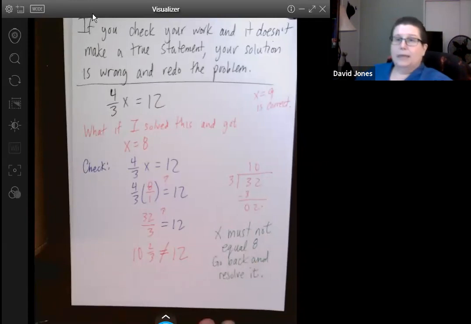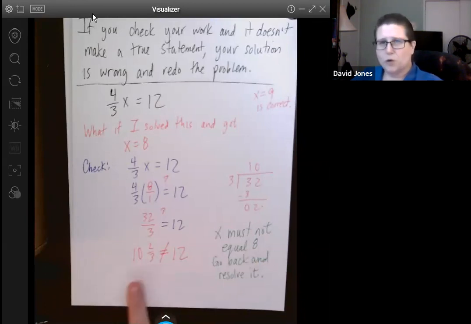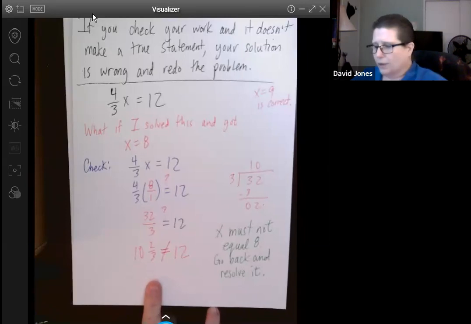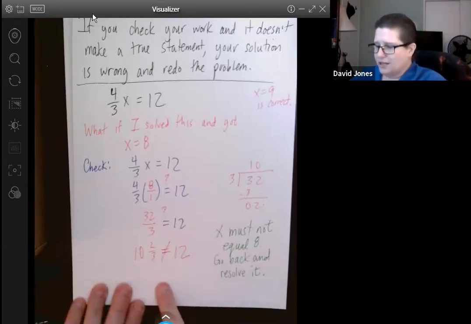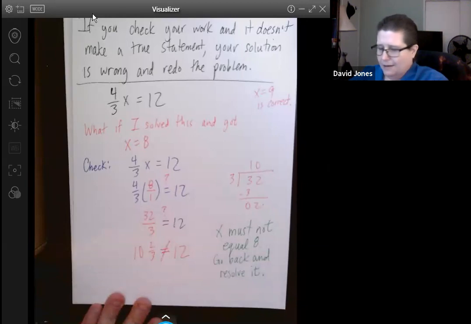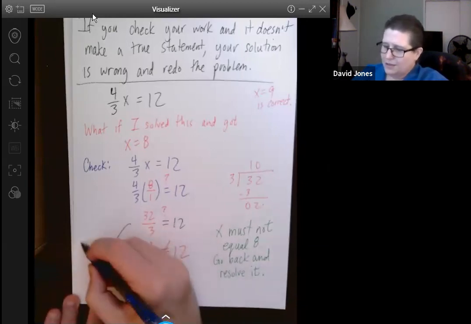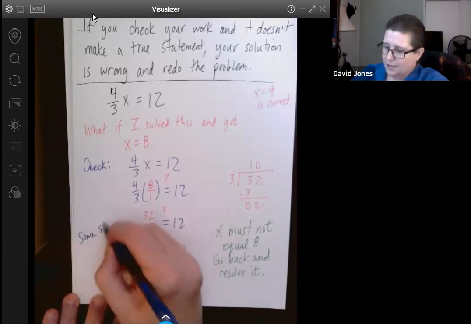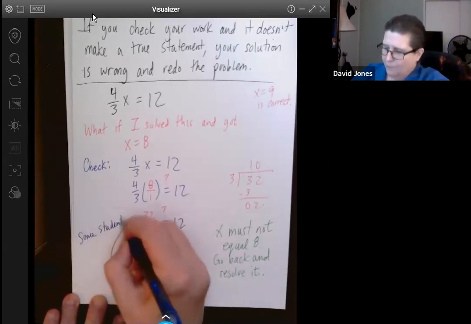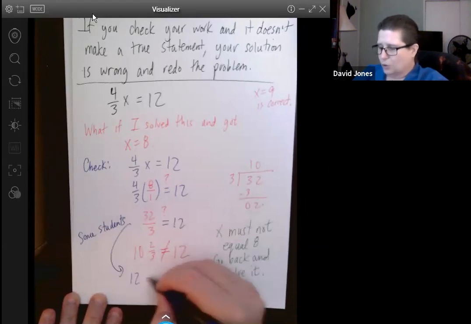That is one of the biggest problems I see with students that check their work. They don't get the right answer and they plug it in and it gets some mumbo jumbo that doesn't work. And rather than assuming that their answer's wrong, they kind of fudge it and they just lie. Some students will go from here to there and go 12 equals 12.